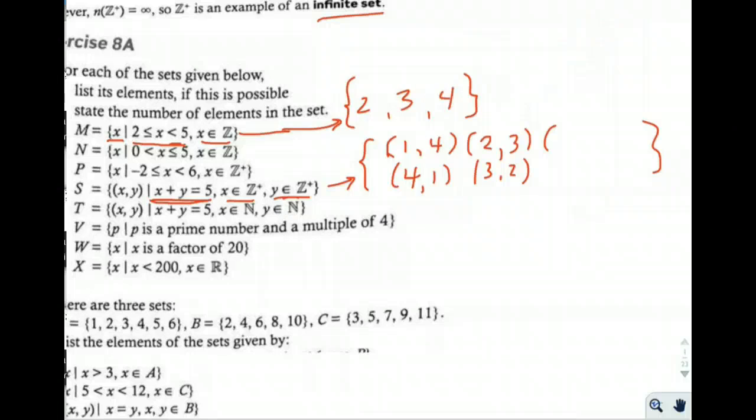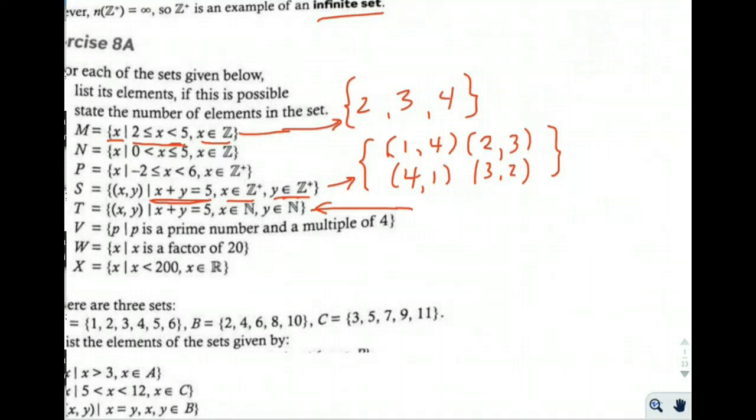So there would just be these 4. If you look at this other one, we're not going to do it, but you can see that it's the natural numbers instead of the positive integers. The natural numbers start at 0, so there would also be (0, 5) and (5, 0).